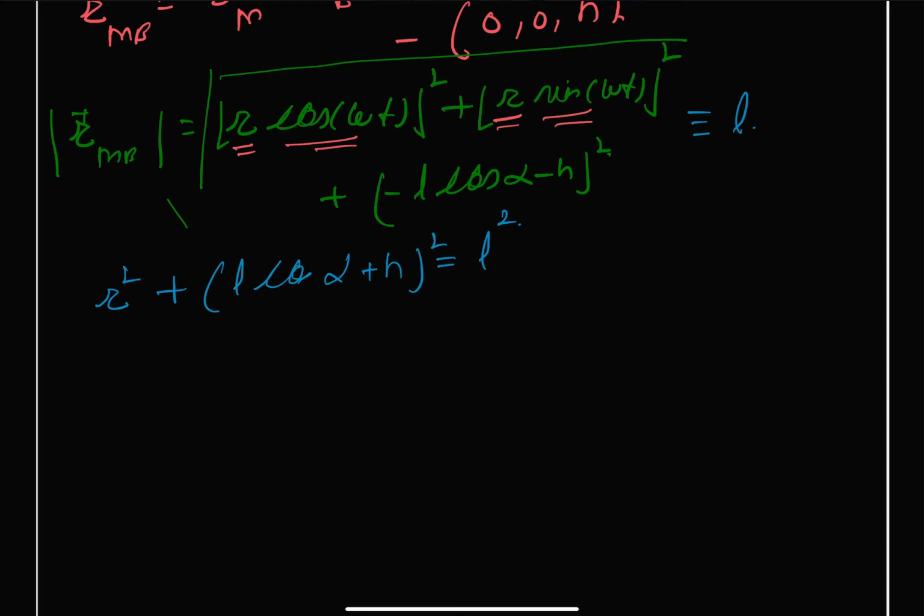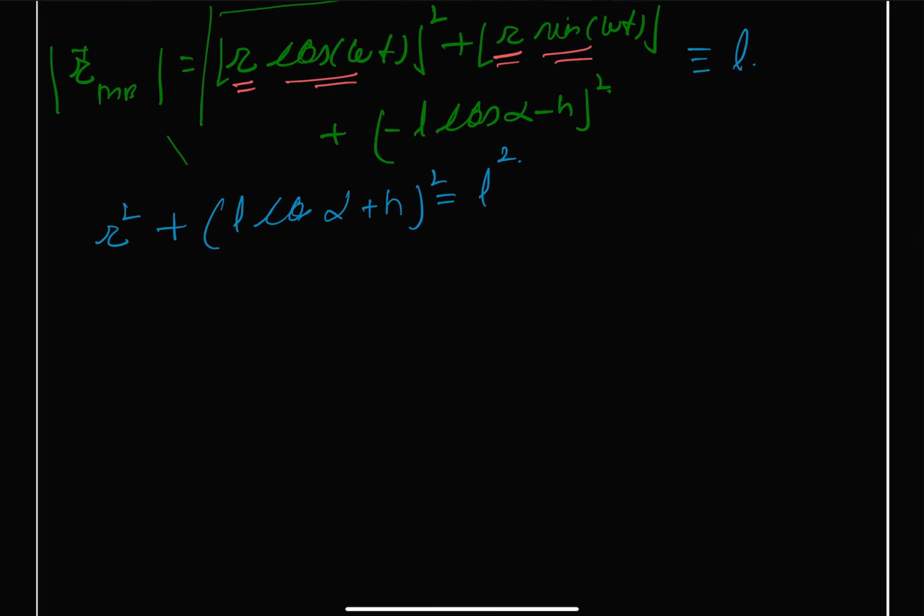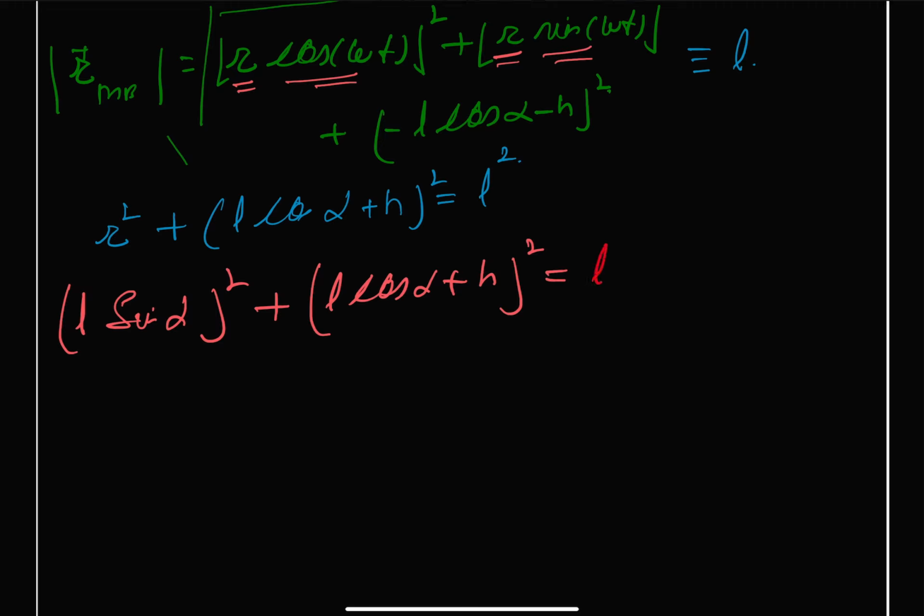And we already know our r, so we substitute it. R is our L sine of alpha, whole square, plus L cos of alpha plus h whole square is equal to our L square.